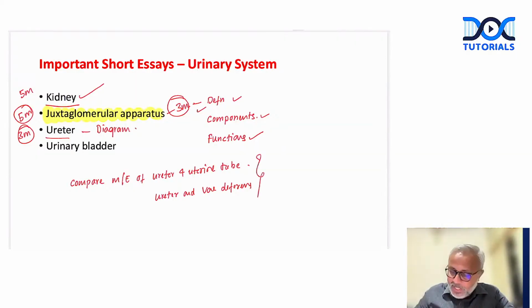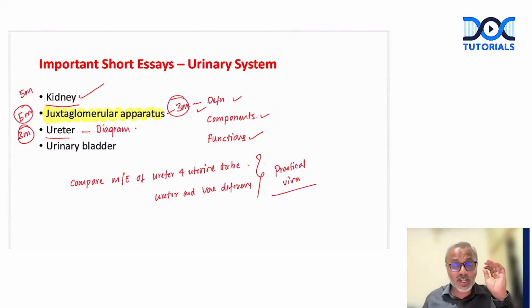Even this is very often asked in your histology practical viva, right? The histology practical slide discussion or histology viva, usually this question is often asked. How do you compare or how do you differentiate between ureter, uterine tube and vas deferens? Fine. So this is how the questions can be framed.